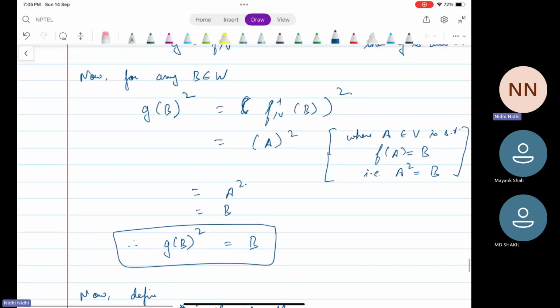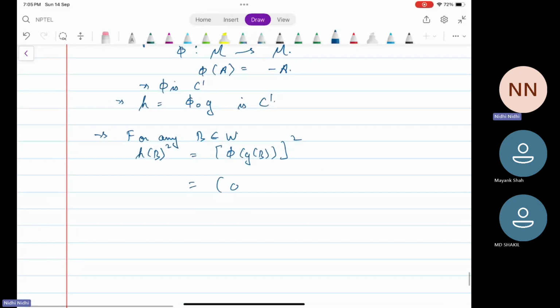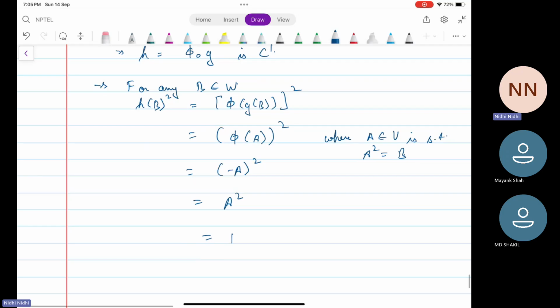And G(B) is A, so this is phi of A square, where A belonging to V is such that A square is equal to B, and phi of A is nothing but minus A. Again we know that A square and minus A square are the same. So this is A square, which is equal to B. Therefore, H(B) square is equal to B.